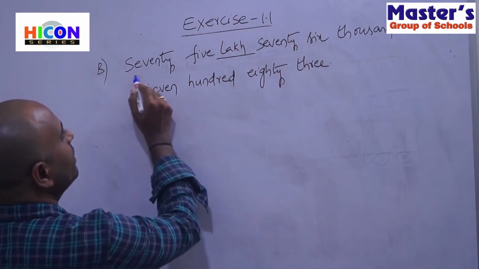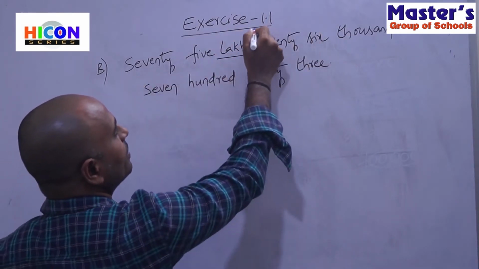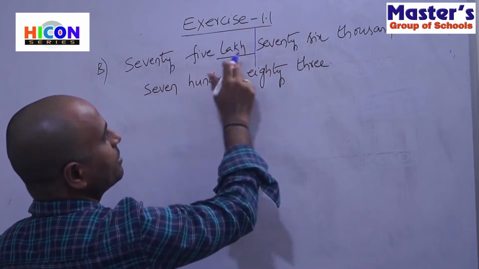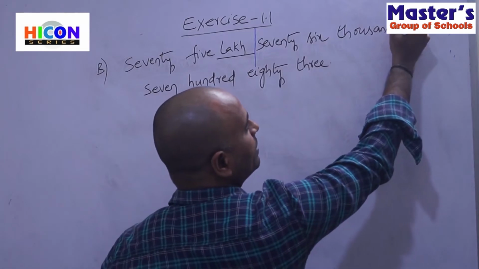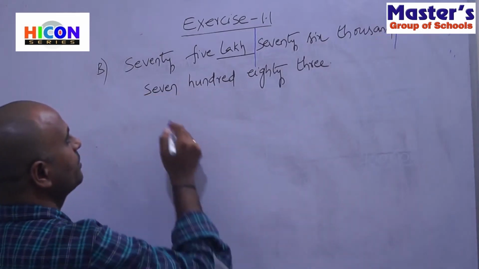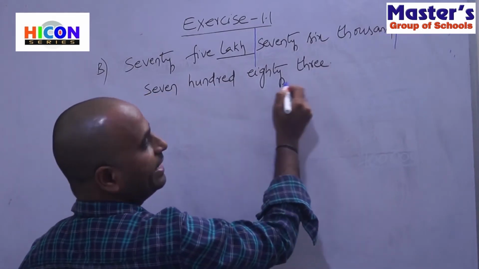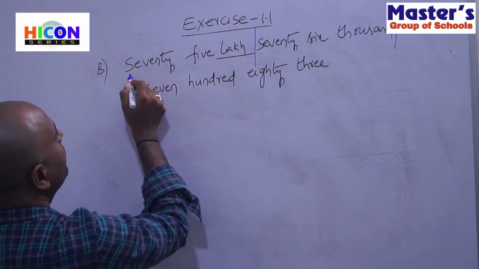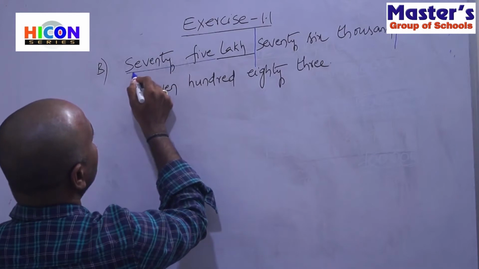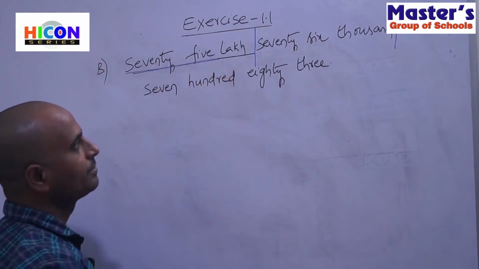So 75 lakh, up to this is lakhs period. 76,000, up to this is thousands period. 783, this is ones period.